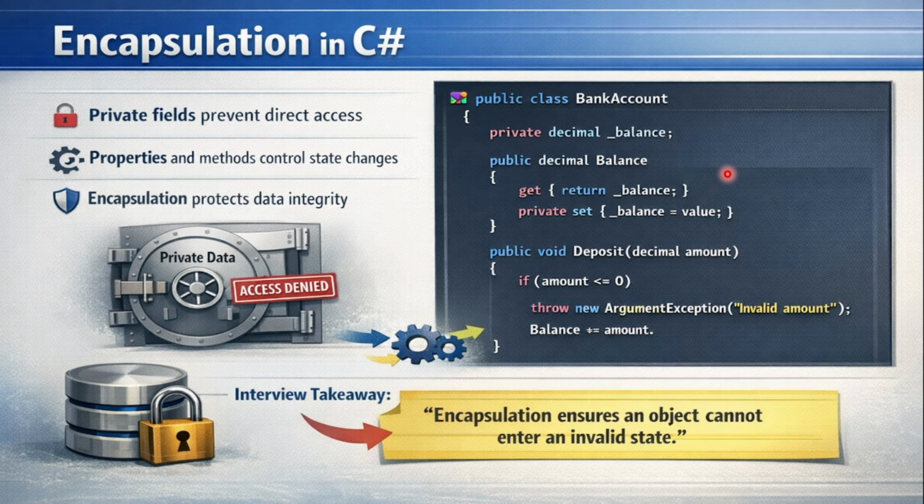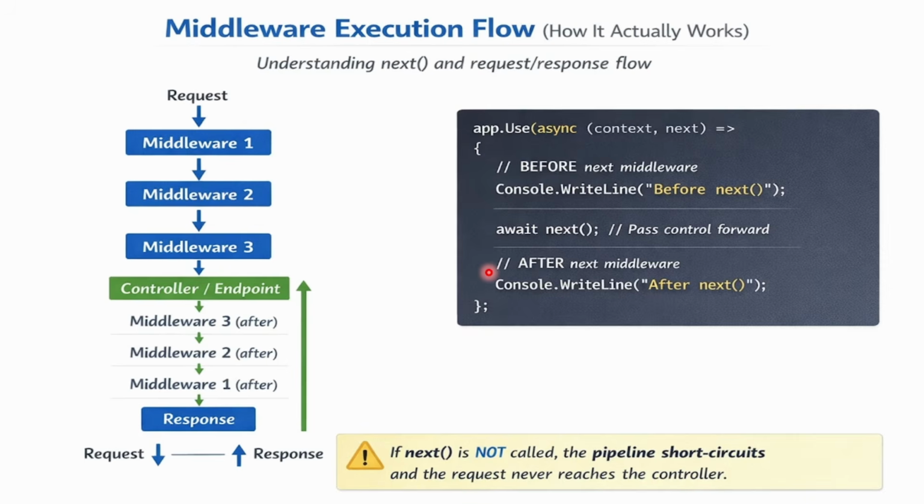Let's look at the next question. The question was how middleware execution flow works. Whenever a request comes, it goes through all the middlewares, which are basically components chained one after another, and the chain cannot be broken. So if you have five middlewares, all the middlewares will be called one after the other.